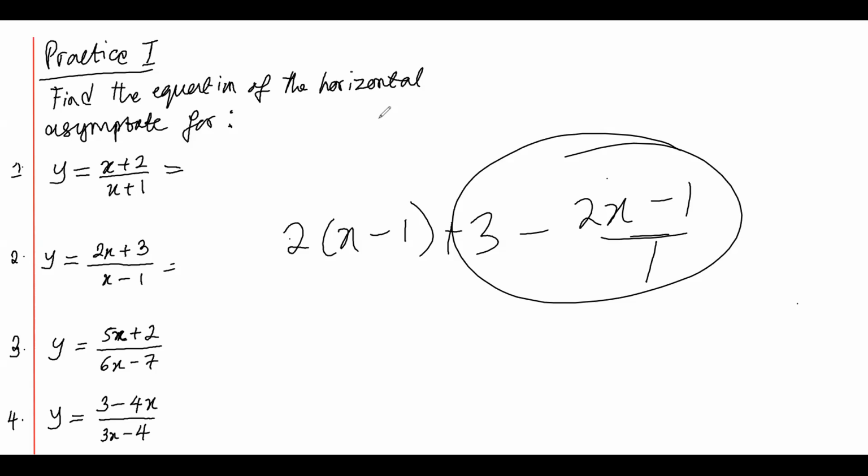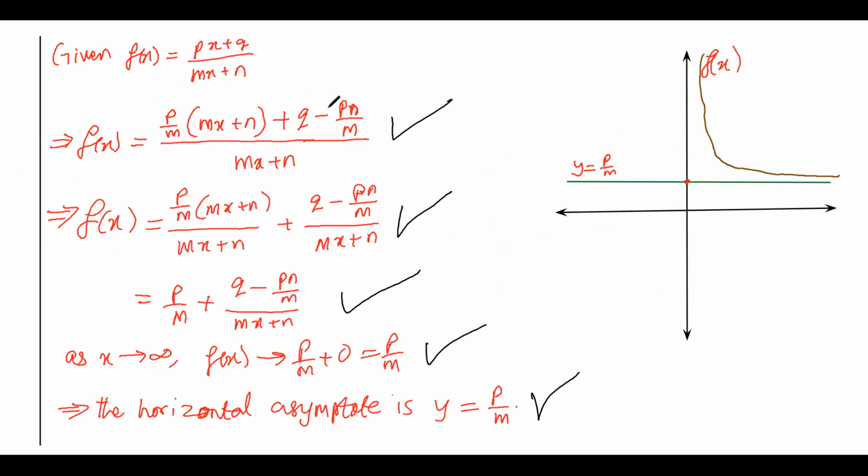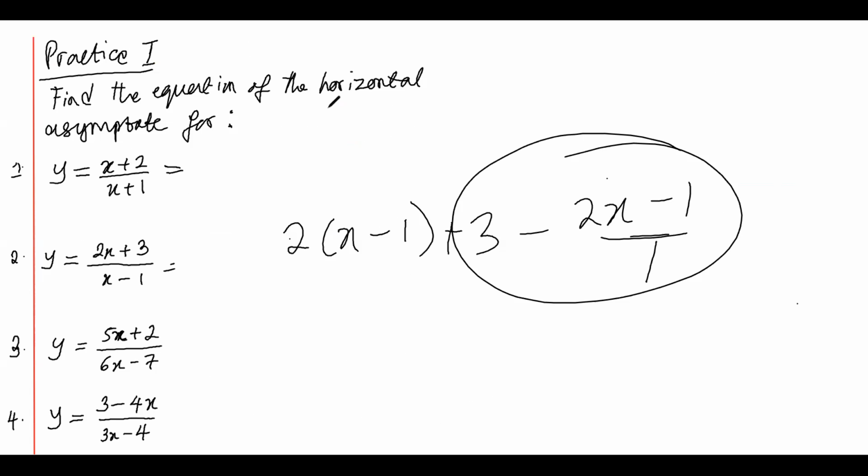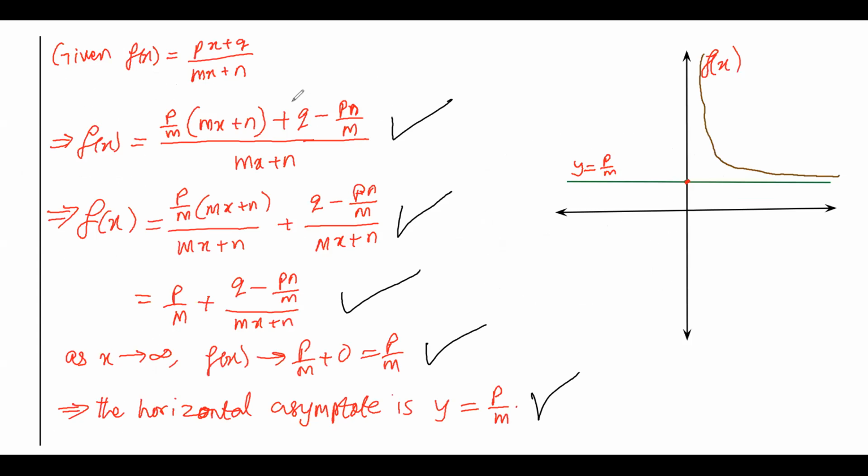Because I can't remember having an X term here to start with. And also there's a reason, can you remind me how I got this? Which part? This part. Can you remind me how I got that?